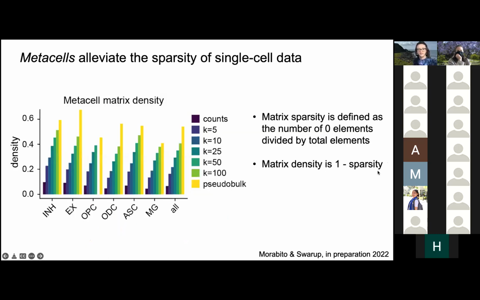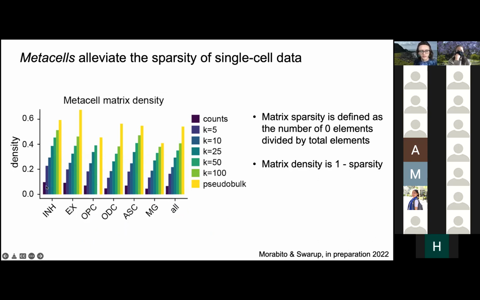Okay, so I'm just showing this plot because I said that we do this metacell thing to alleviate the problem of sparsity, and just so you believe me, I'm plotting the density of each expression matrix split by cell type for different numbers of K. K is how many cells you're putting together.